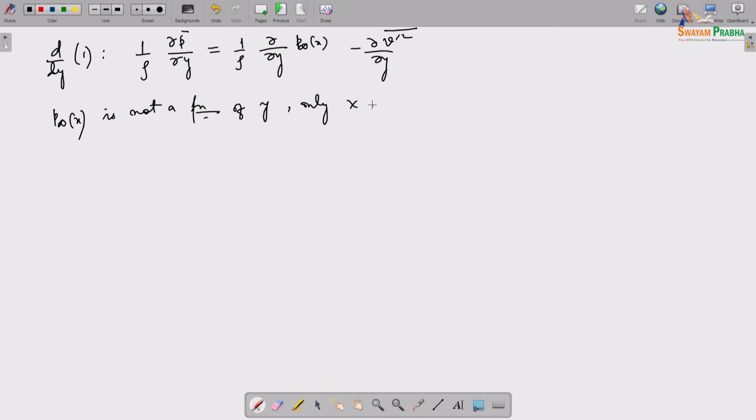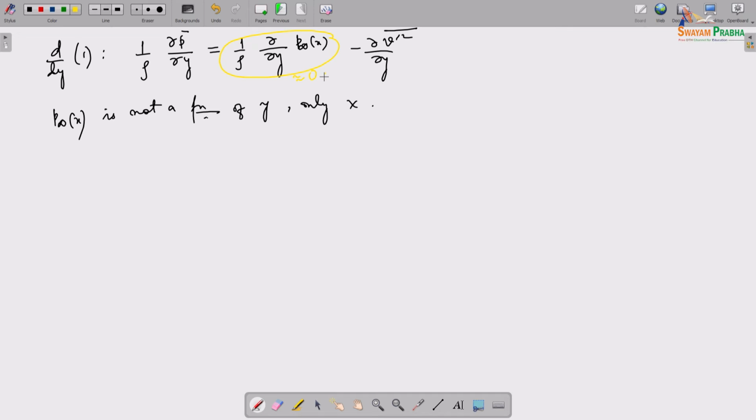So P infinity does not depend on y, it depends only on x. In that case, what do you think of this term? This term is going to go to 0 because del del y of P infinity x is going to be 0.